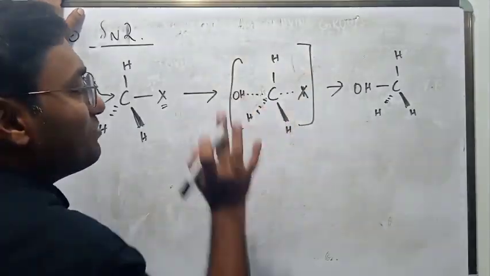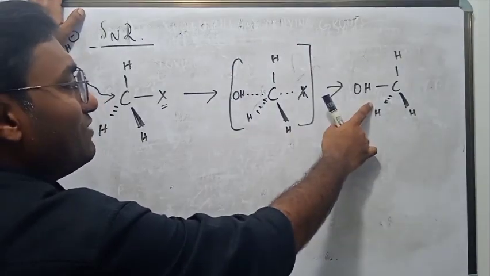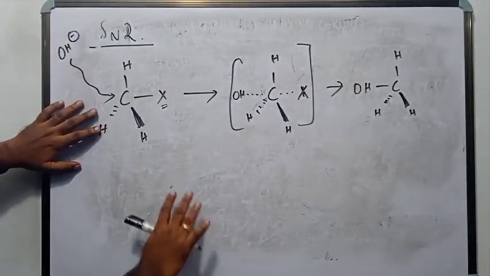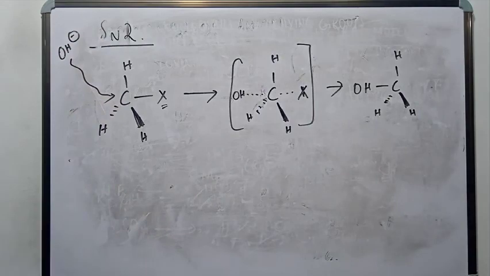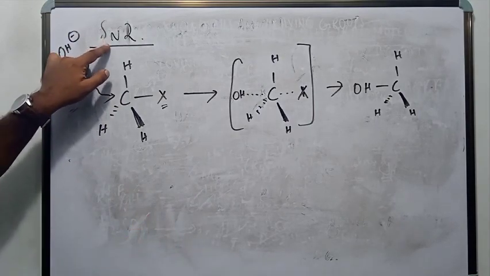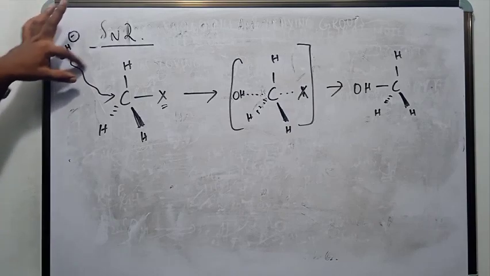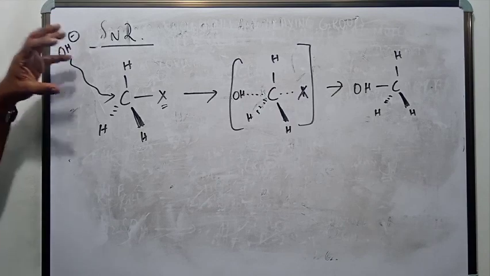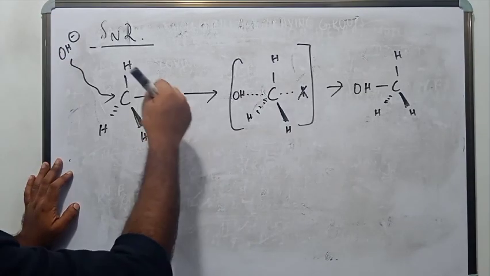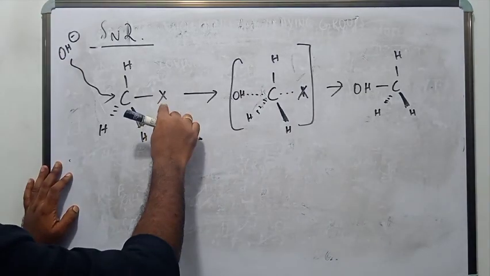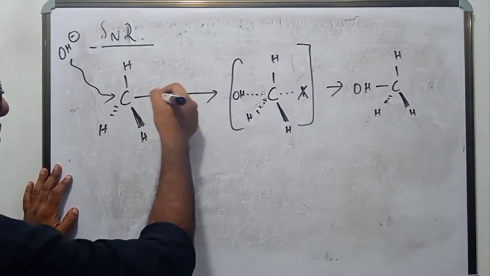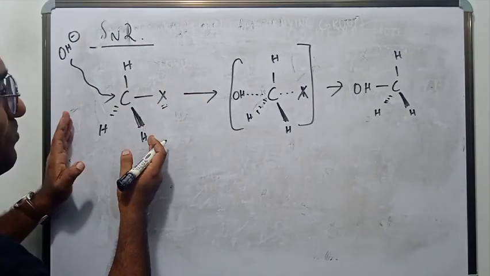Only then can the inverted product be formed, and only then will the SN2 pathway be followed. What are the criteria for the SN2 reaction? The attacking nucleophile OH minus should be strong and the leaving group should be weak. Why? Because if the leaving group is strong, a carbocation will be formed and that would lead to the SN1 reaction.